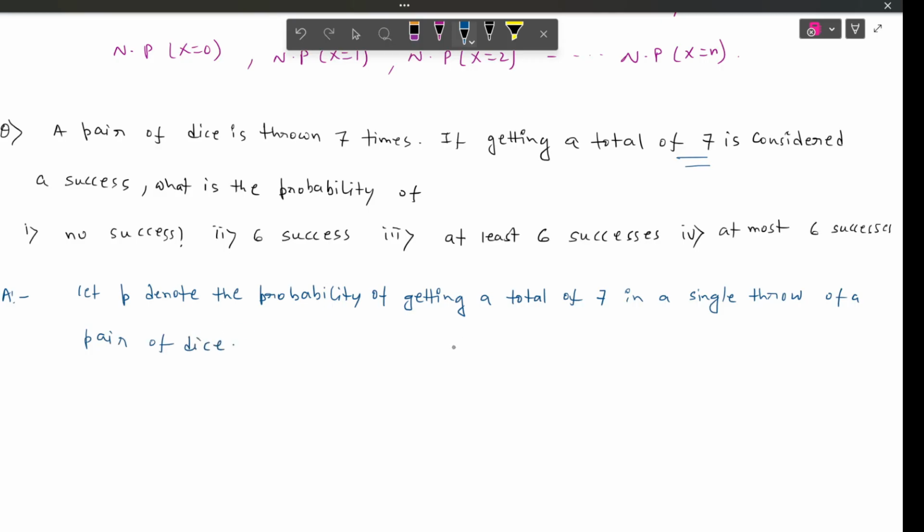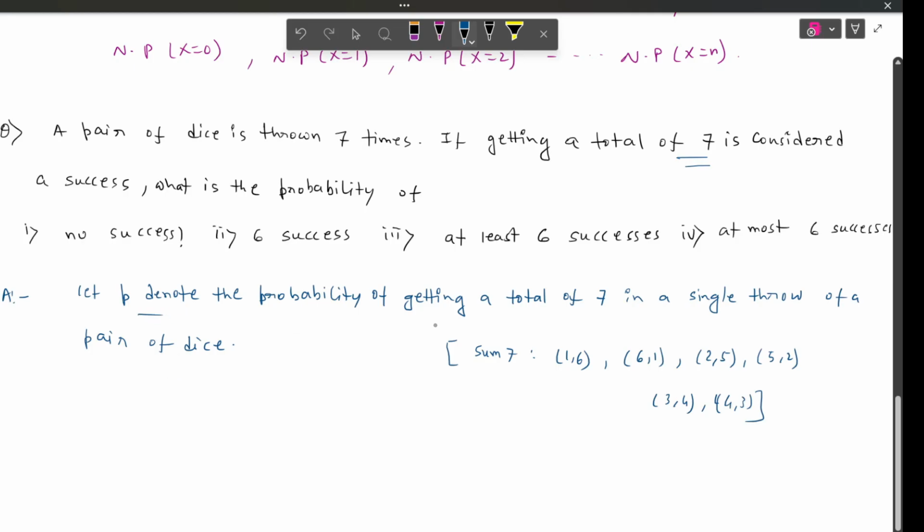Okay, so how can you get this sum 7? This can be 1, 6, 6, 1, 2, 5, 5, 2, 3, 4, and 4, 3.